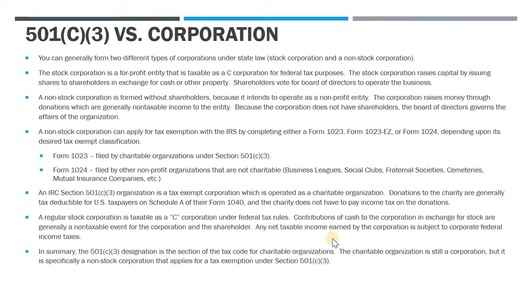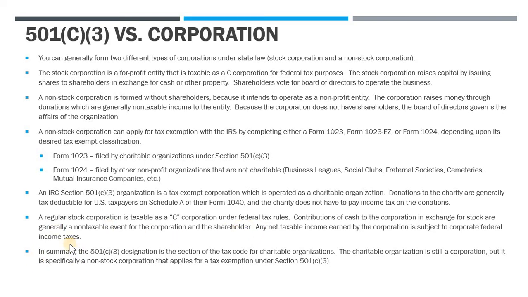There are nuanced rules for contributions of property, but let's just say, for argument's sake, we're just talking about cash. Issuing stock in exchange for cash, generally not an issue. Any net taxable income that's earned in that for-profit corporation is going to be subject to corporate federal income taxes on a net basis. Okay.